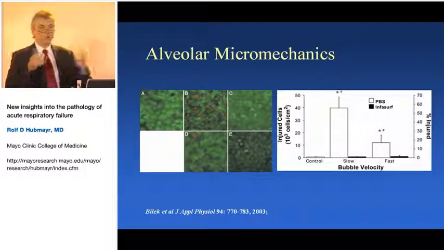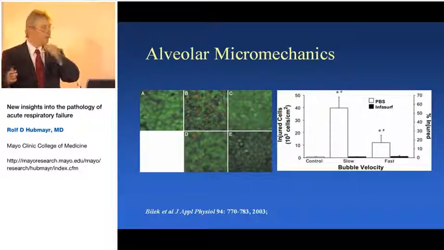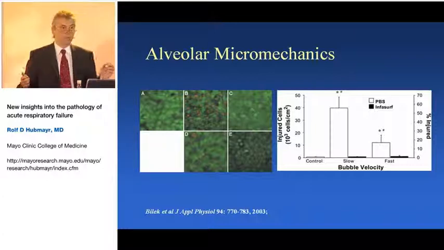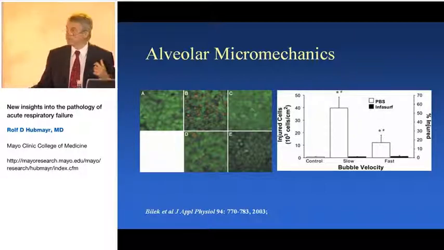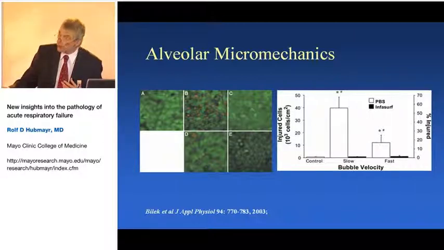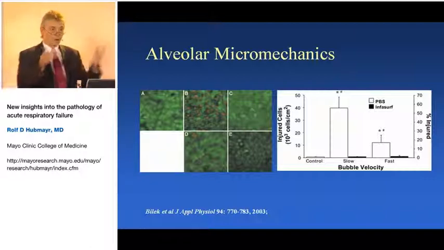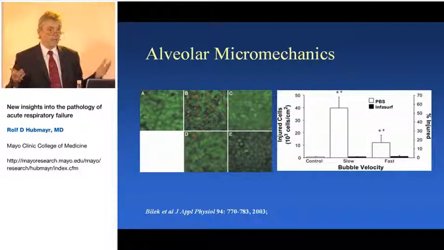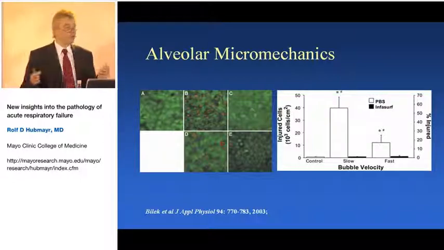So when you grow cells on a glass slide and blow a gas bubble by and label the fluid with a membrane impermeant label, much like I showed you yesterday, propidium iodide, you can see, at least from my angle here, these orange dots are hard to see, but these cells grown on this glass slide have taken up this membrane impermeant label, depending on the surface tension at the air-liquid interface.